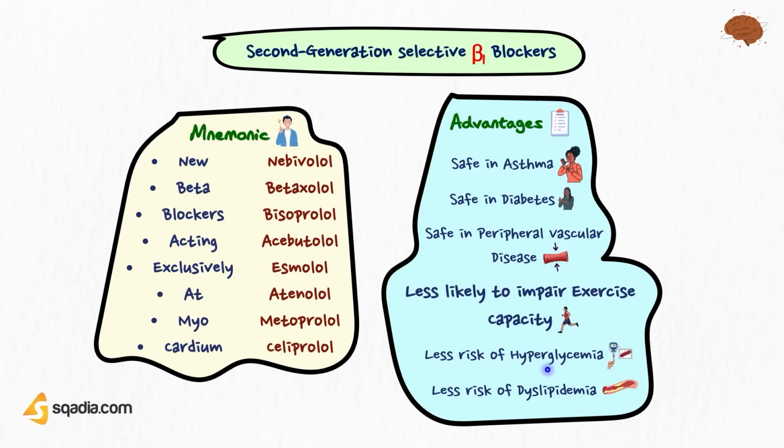Already stated that beta-2 receptor blockade decreases the reversal of hypoglycemia, so selective beta-1 blockers are safe. Less risk of dyslipidemia. Beta-2 blockade can cause increased levels of low density lipoproteins and decreased high density lipoproteins, so dyslipidemia occurs. So we only give selective beta-1 blockers, as they have less risk of dyslipidemia because they don't act on beta-2 receptors.